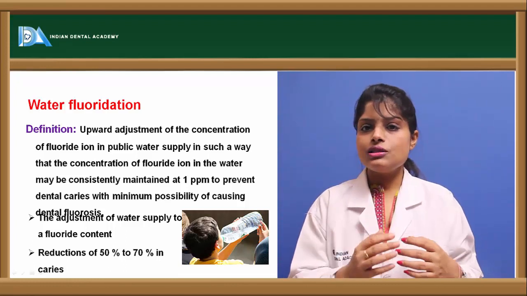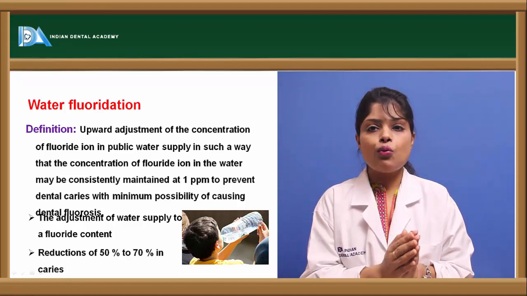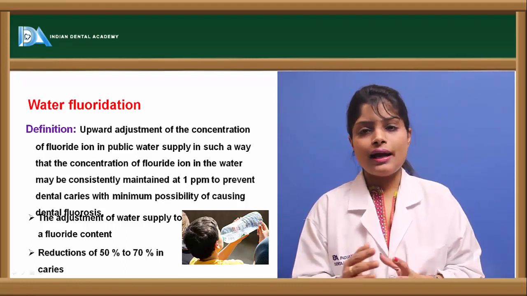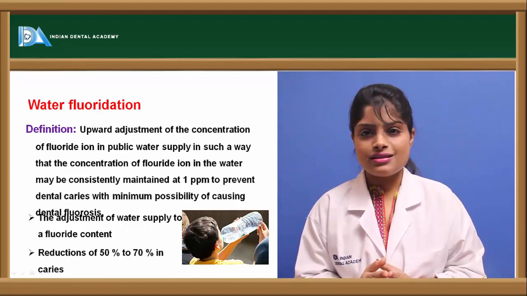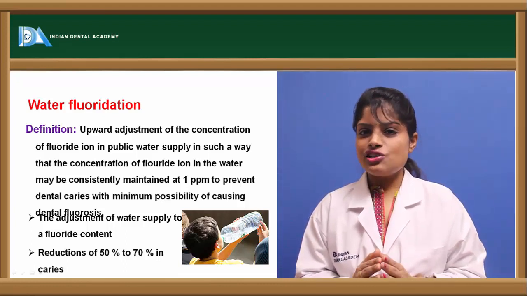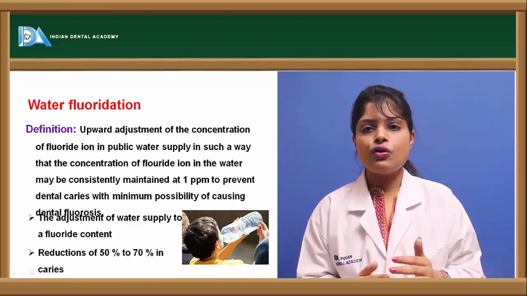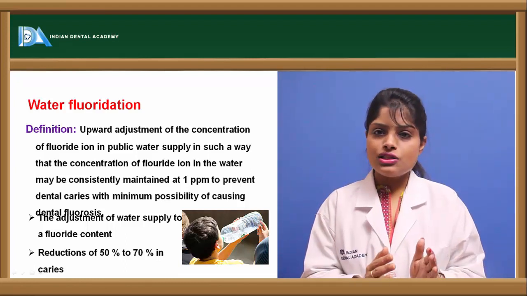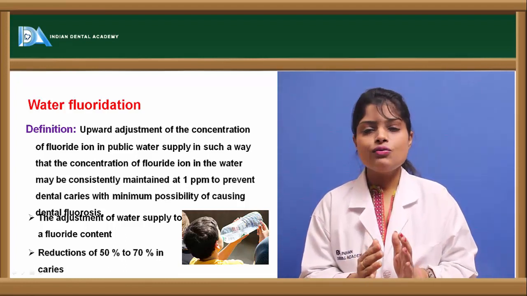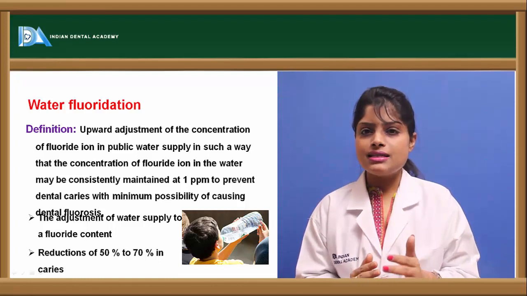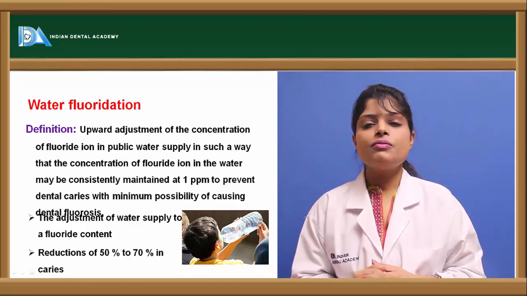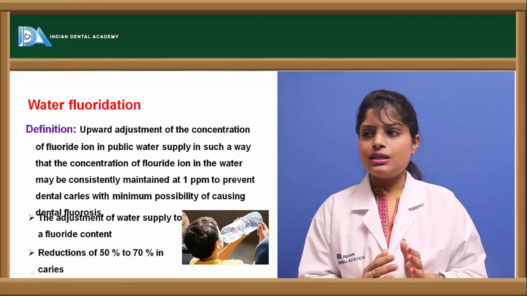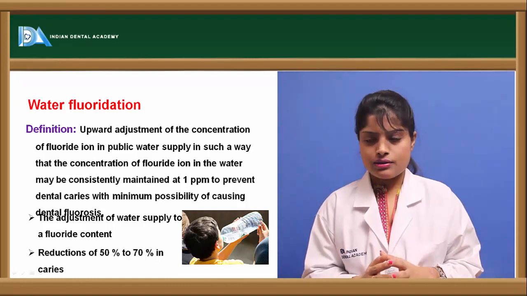It is the adjustment of fluoride level in the water of a particular place, or in the community water supply. So, it can be defined as the upward adjustment of the concentration of fluoride in the public water supply in such a way that the concentration of fluoride ion in water will be consistently maintained at up to 1 part per million, to prevent dental caries with minimum possibility of causing dental fluorosis.